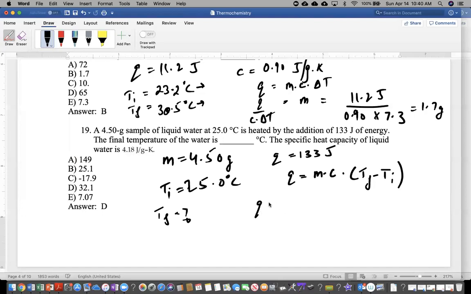So Q is equal to MC TF minus MC TI, and then you isolate TF. Whichever way you learned it in your math. But remember that delta T is TF minus T initial, not T initial minus TF.